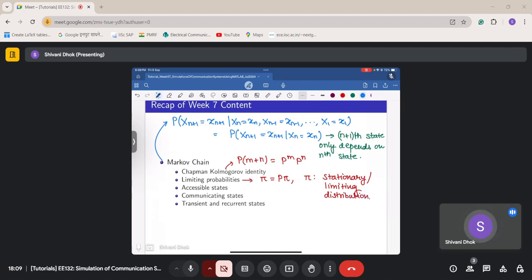And this pi is basically the eigenvector corresponding to eigenvalue 1.